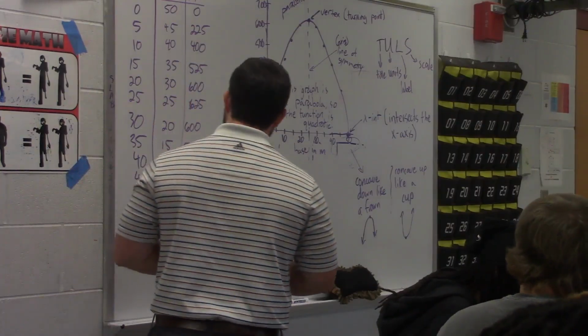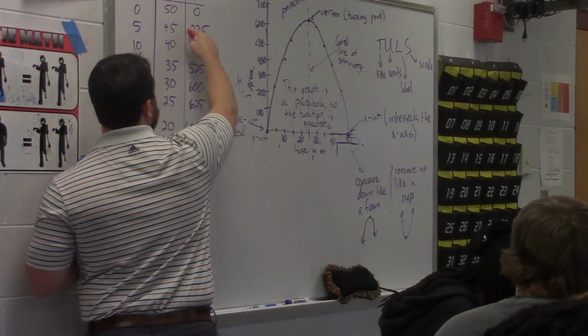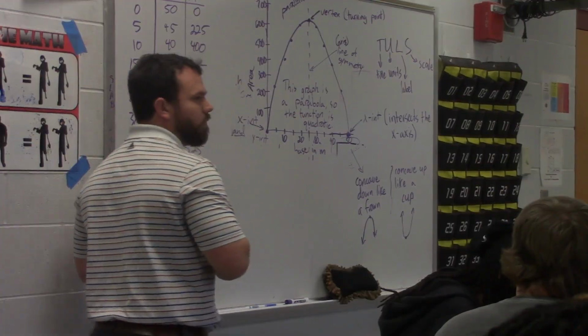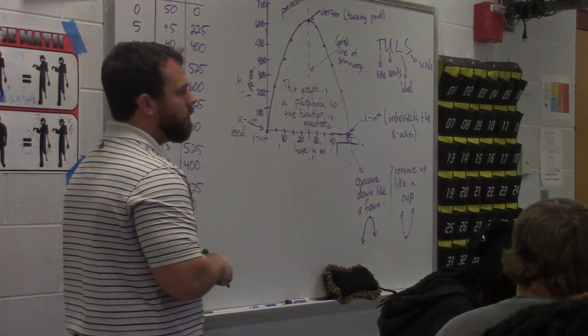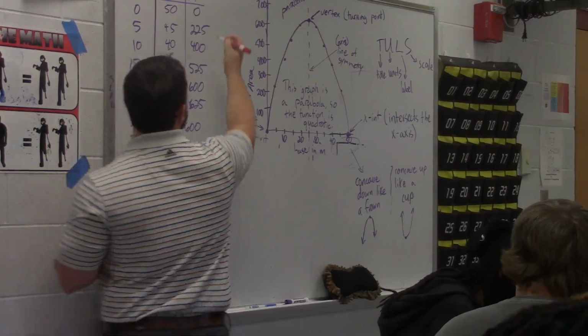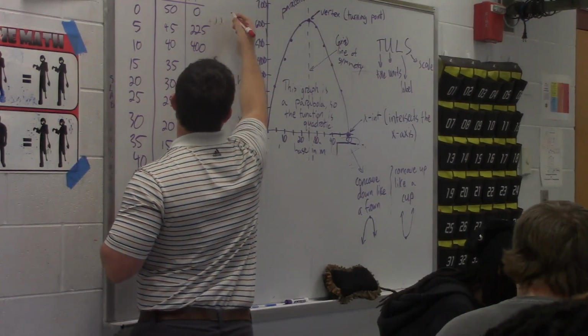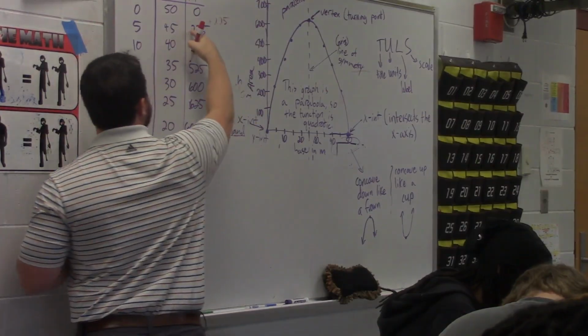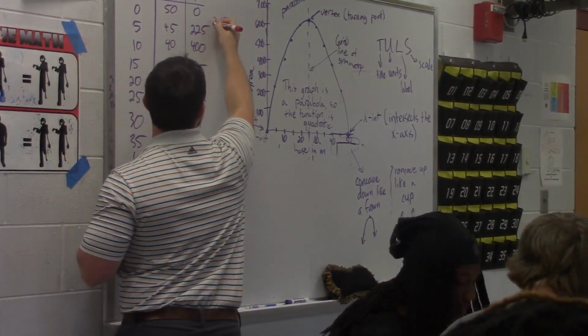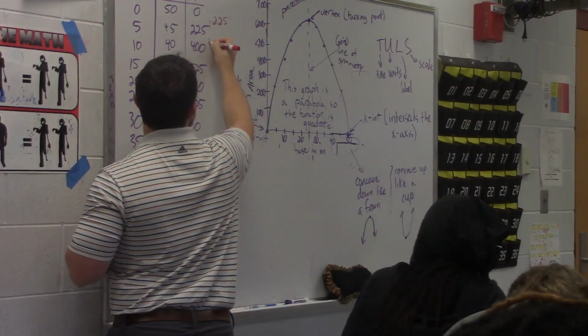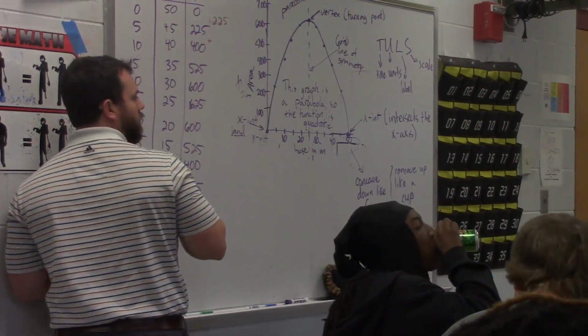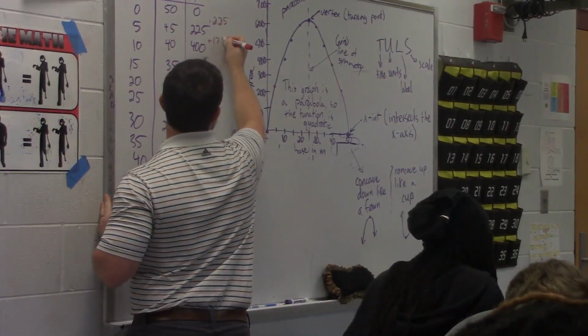So, in order to go from 0 to 225, what do we have to do? We had to add 225, right? All right, to go from 225 to 400, how much was added? 225 to 400 was 175. It was plus 175.